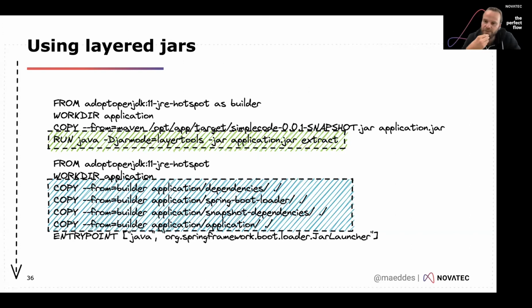That will also give you the separation of dependencies, resource files, and the actual application classes. And if those dependencies and resource files do not change, then only the application classes will be added. And hence I would get more speed and efficiency in that step, as I would in optimizing my container image at another point.